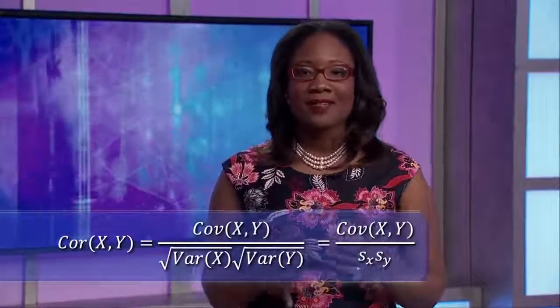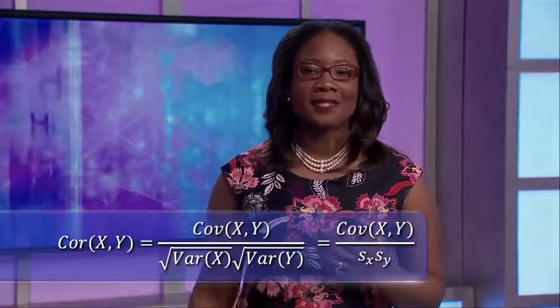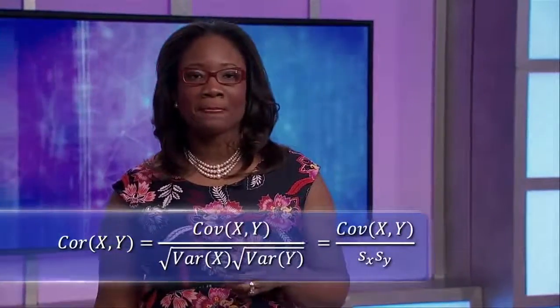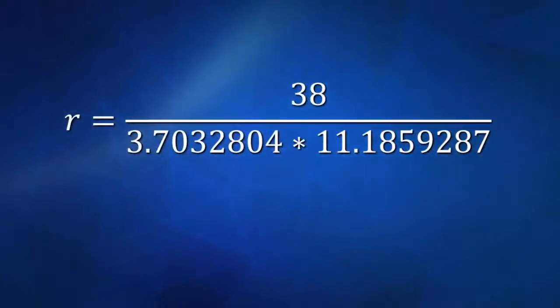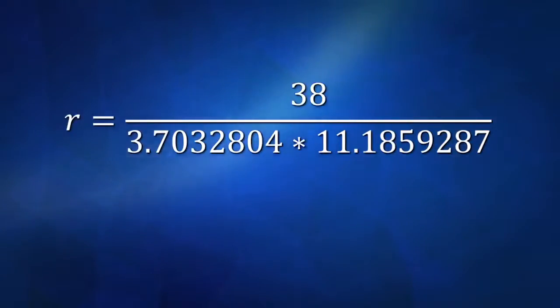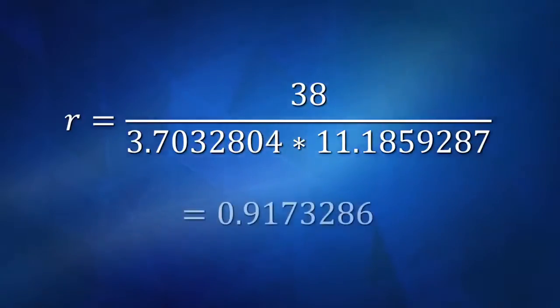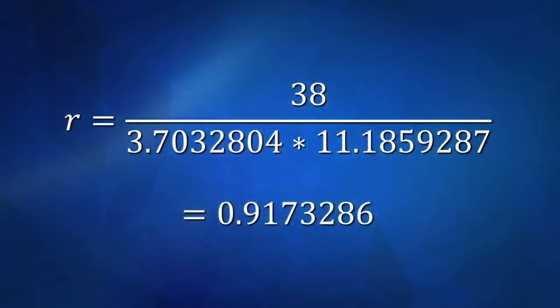So divided by the standard deviation of X times the standard deviation of Y. Now, in our case, the sample standard deviation is approximately 3.7 for X and approximately 11.1 for Y. Here's how we would solve for our correlation. We'd take that covariance, 38, over the product of those two standard deviations to give us a value of 0.91 approximately.